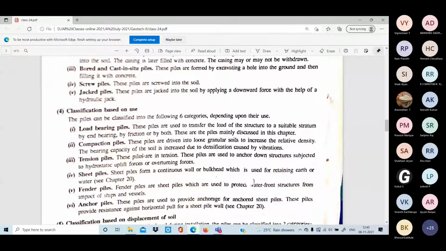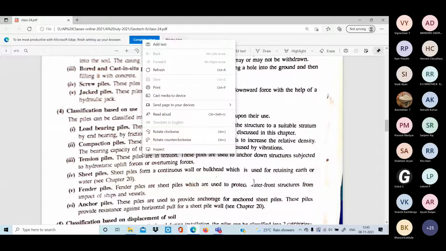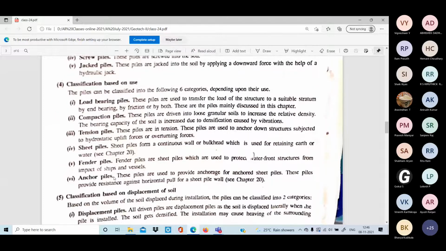Then we have sheet piles, a continuous sheet like a retaining wall. We have fender piles. Those who work in ports will understand these fender piles and sheet piles.